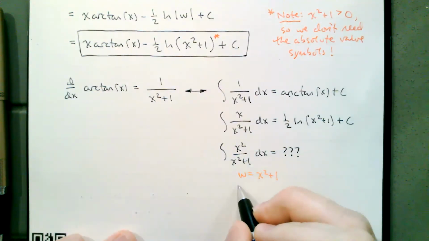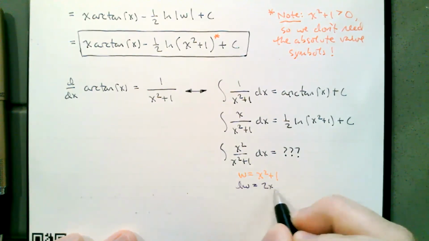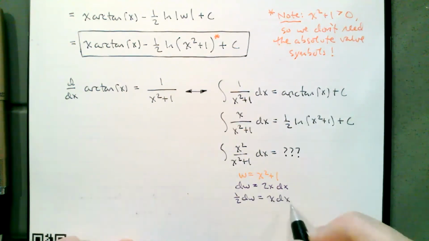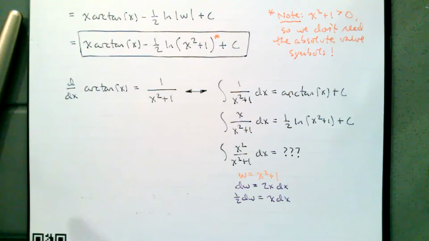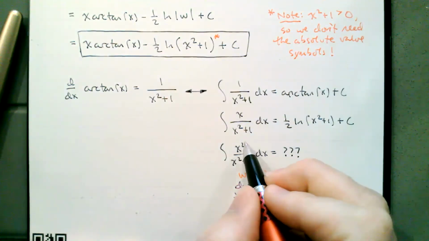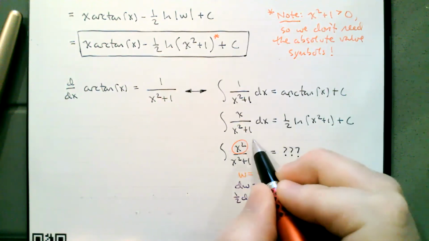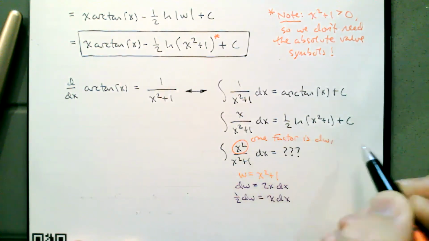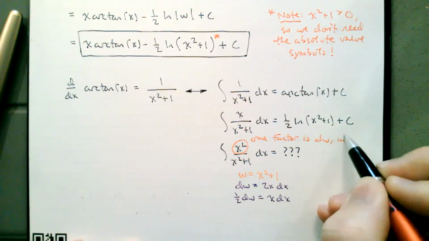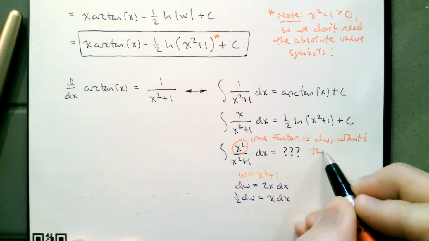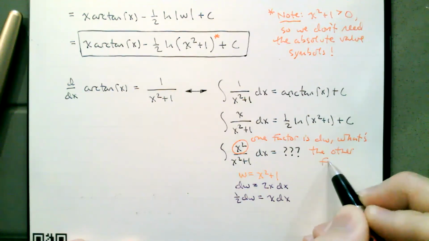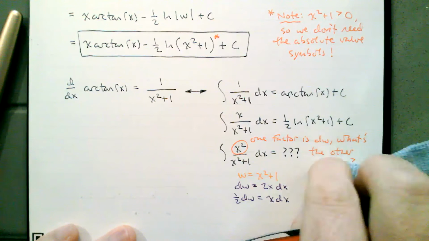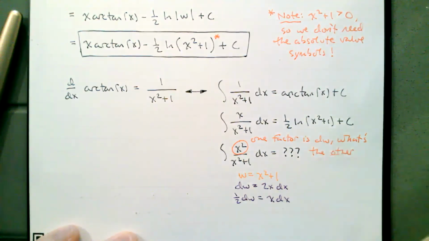What we need to make this go is an x. So 1/2 dw is equal to x dx. But that raises the question, what are we going to do with this extra x? So one factor of x is the dw, but what's the other factor of x going to be?